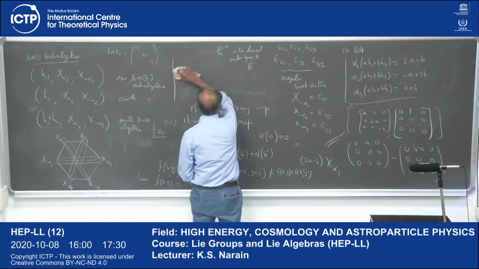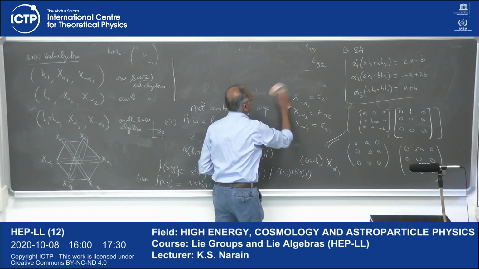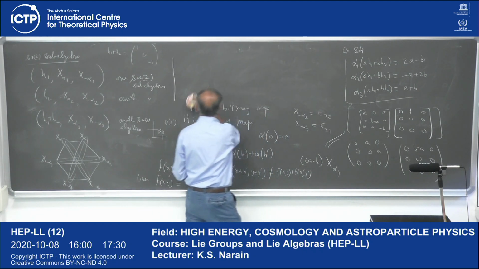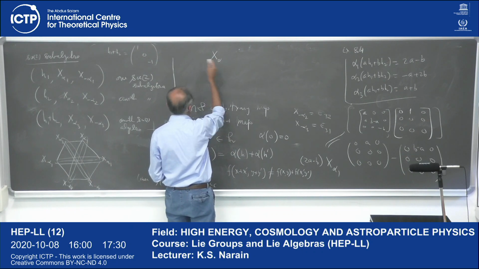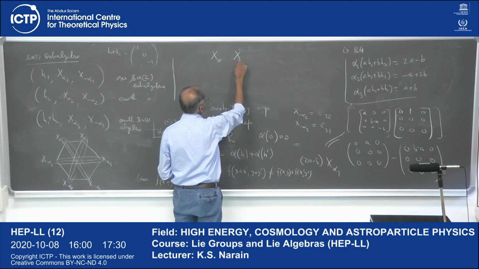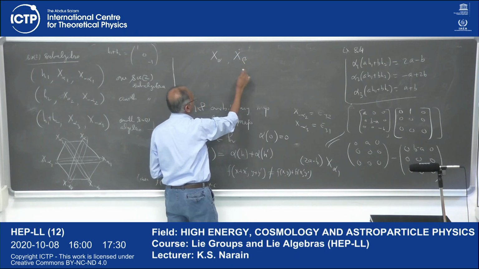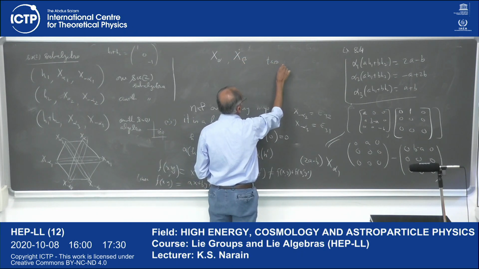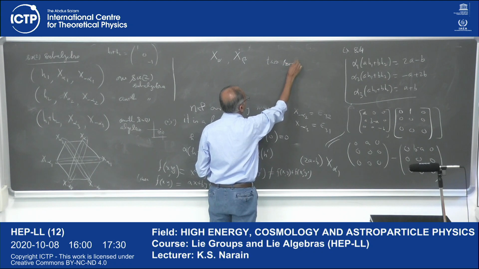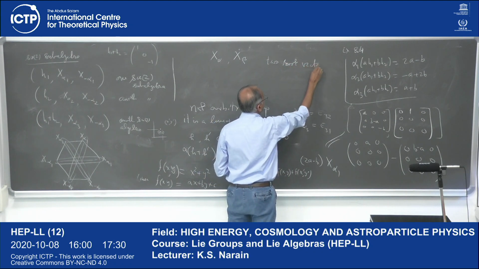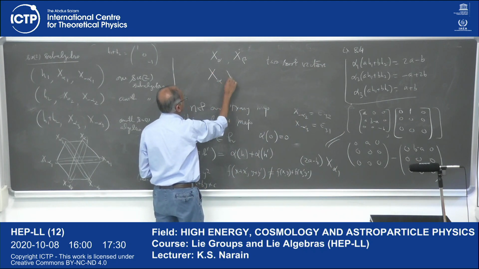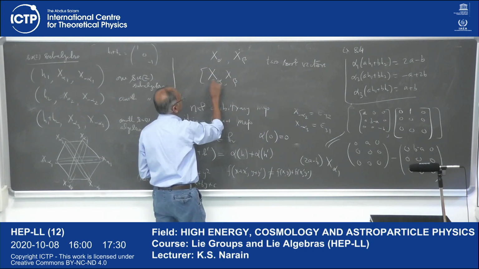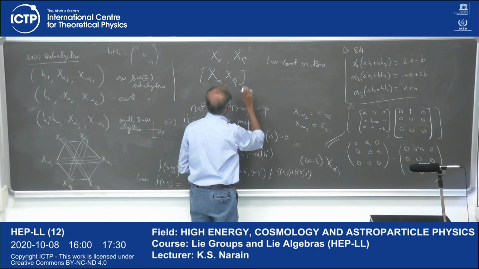So if I have two root vectors, say x alpha and x beta, then the commutator of x alpha, x beta is going to be something.